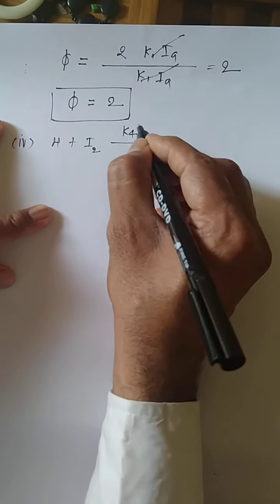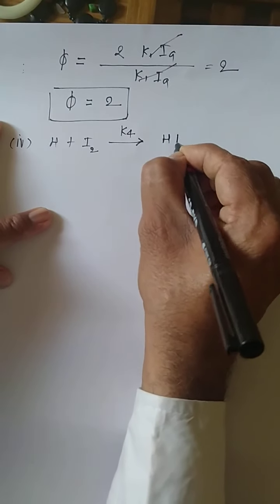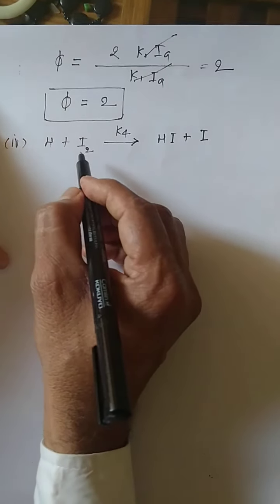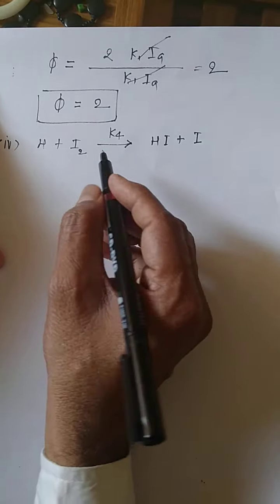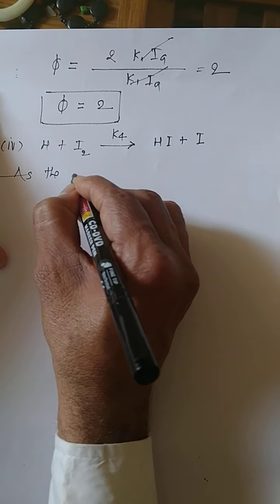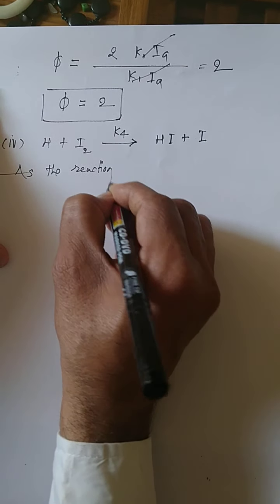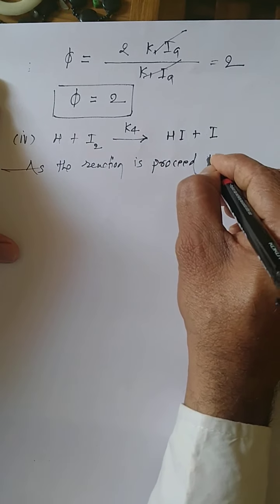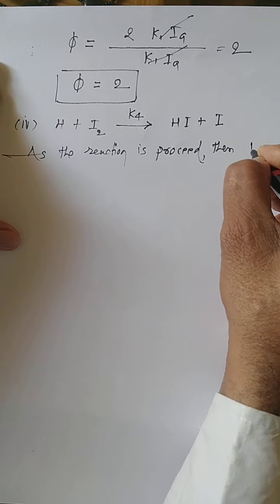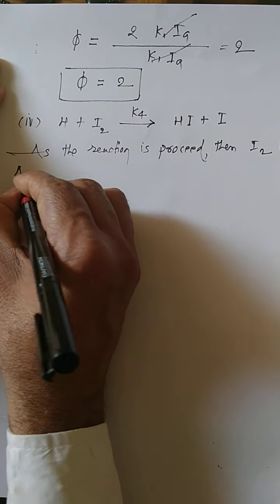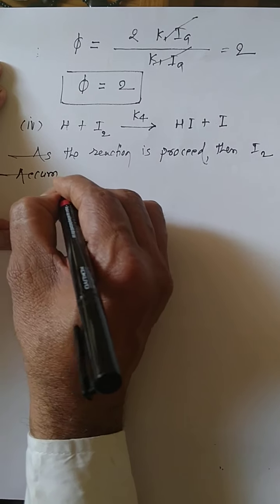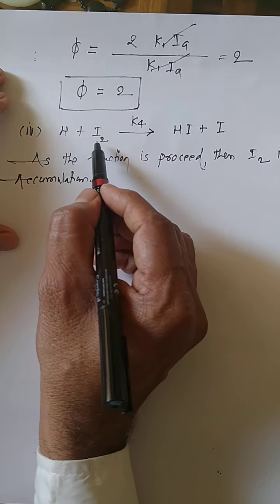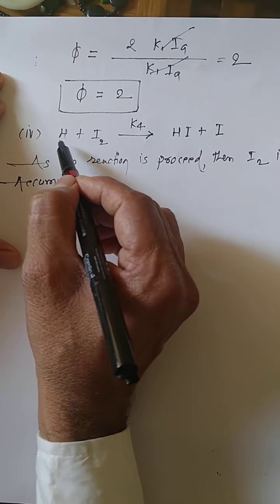This is the rate constant of the fourth reaction. As the reaction proceeds, accumulation of iodine takes place. That means there is a recombination process.